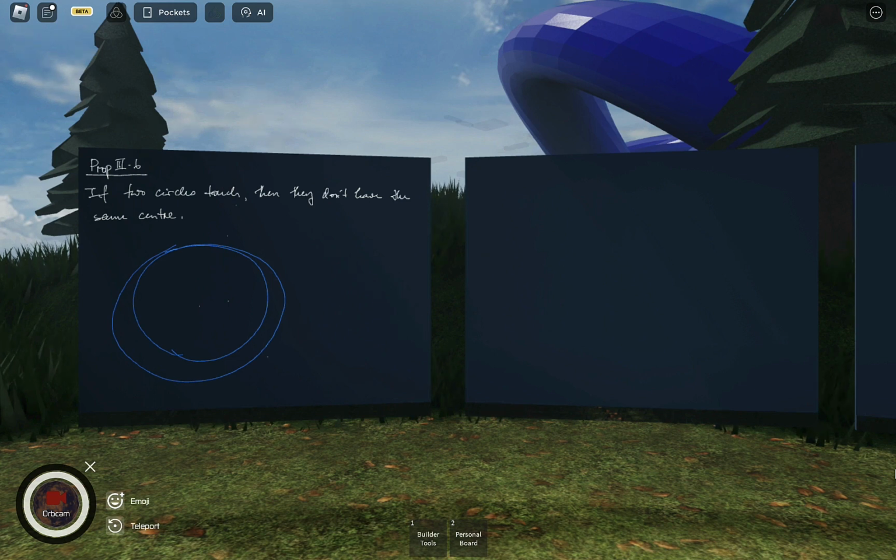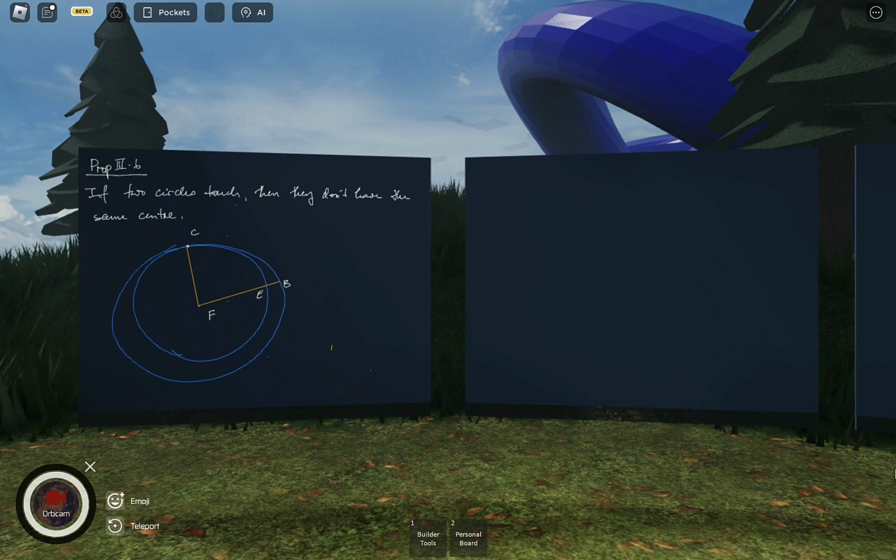So the point that they touch, we're going to call C. We're going to extend a line from F to C, and then a line from F to somewhere else, and label these points E and B.